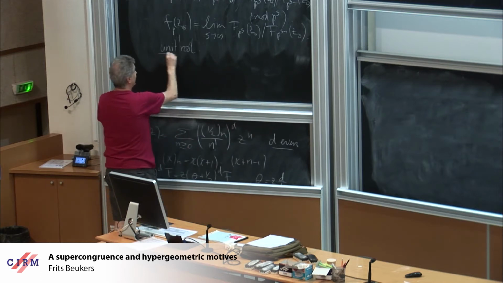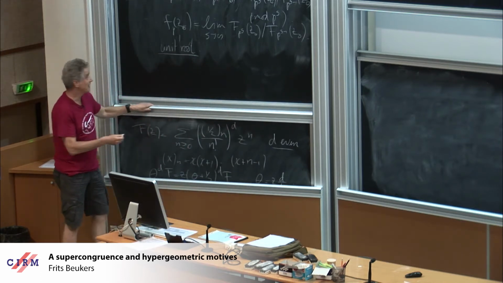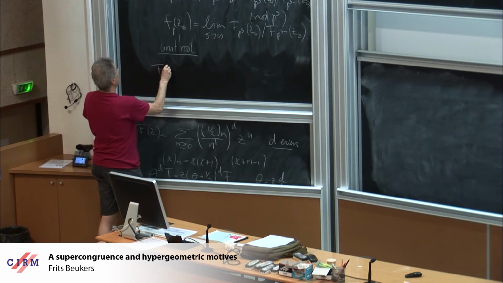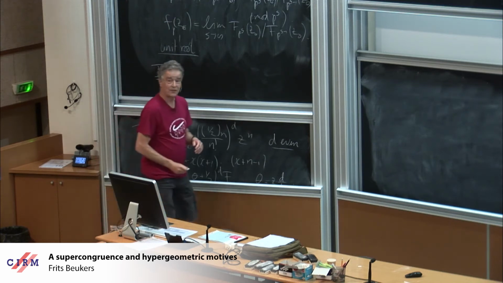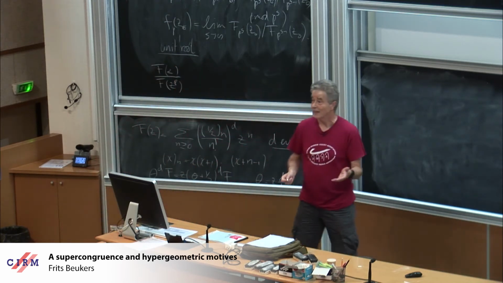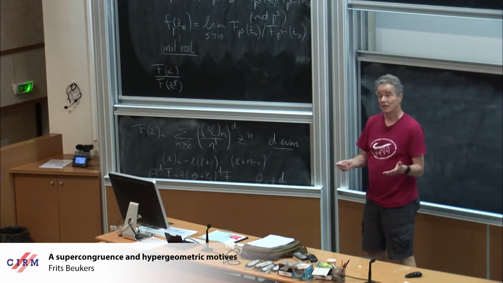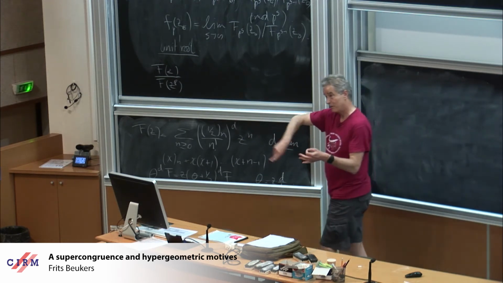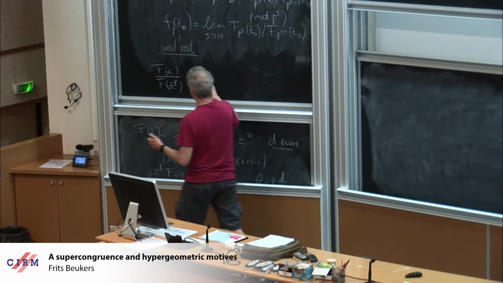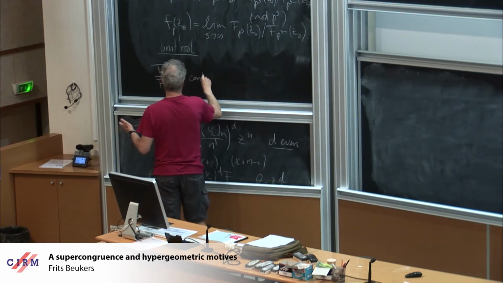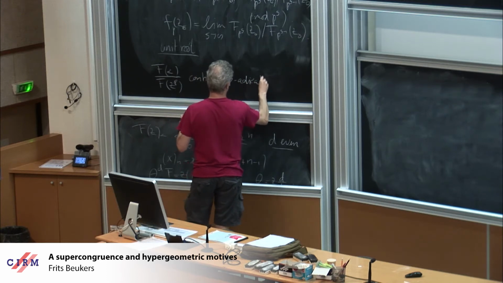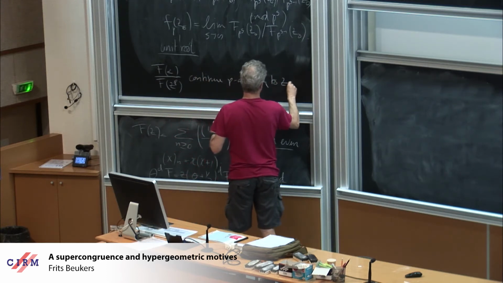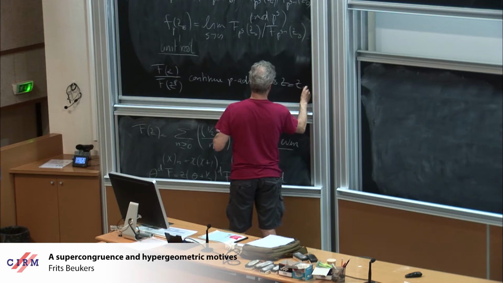Anyway, this value here is basically, if you take this power series that we had over here, divide by fp z to the p, and this power series can be continued p-adically to the boundary of the p-adic unit disk, and you can continue p-adically to z is equal to z0.